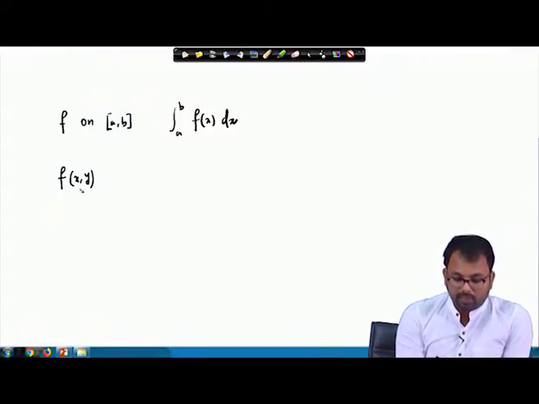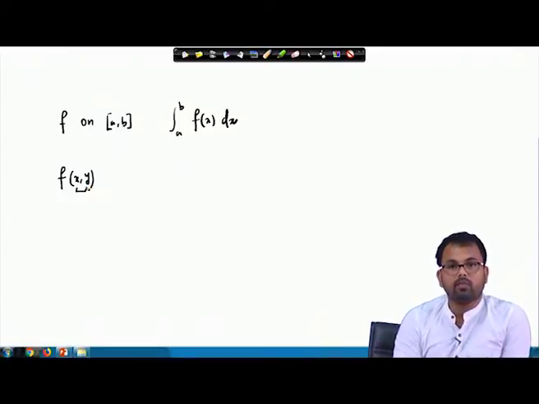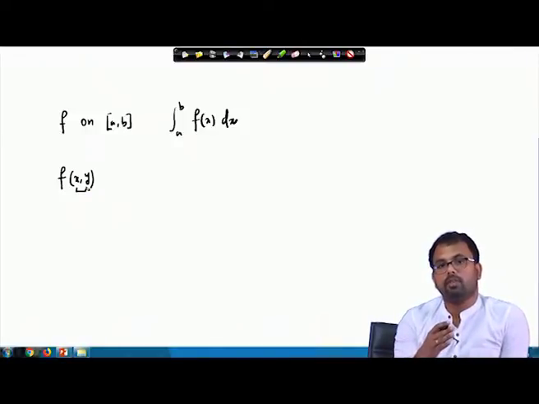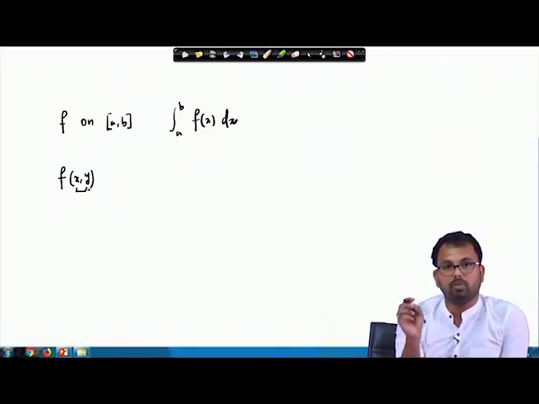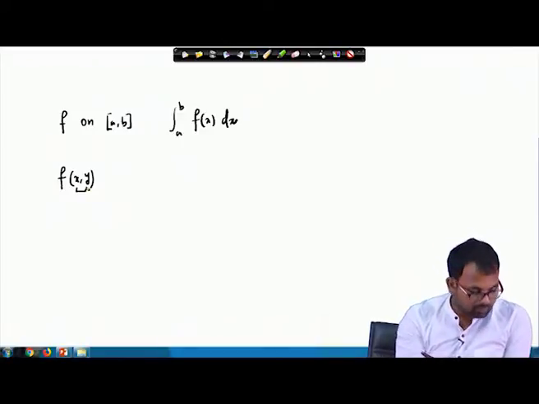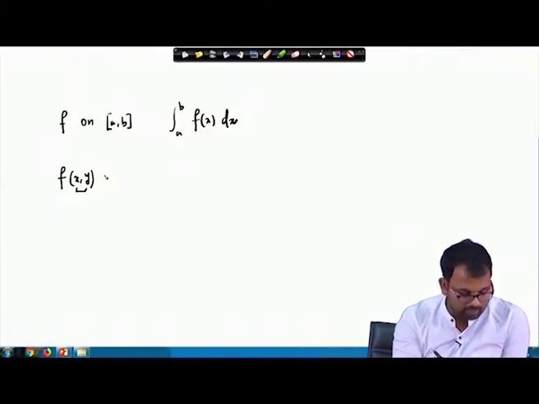Since we have two variables here, x and y, we need to find the intervals for these two variables. That means if you have two variables, then you must have two intervals where these variables belong. So let us give a formal definition.